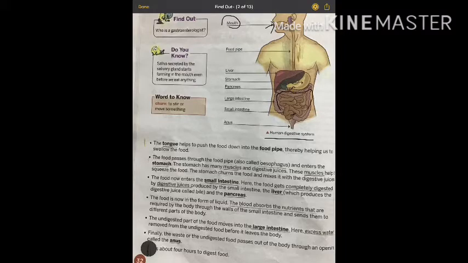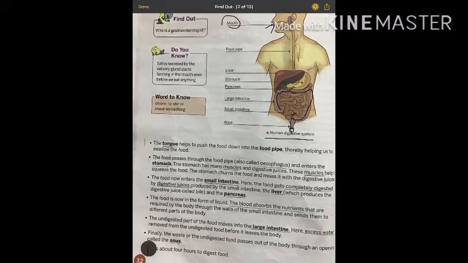From this large intestine, the undigested food is passed out of the body through the anus. This way, the whole digestion takes place in our body, and every organ of the digestive system plays its role in that.